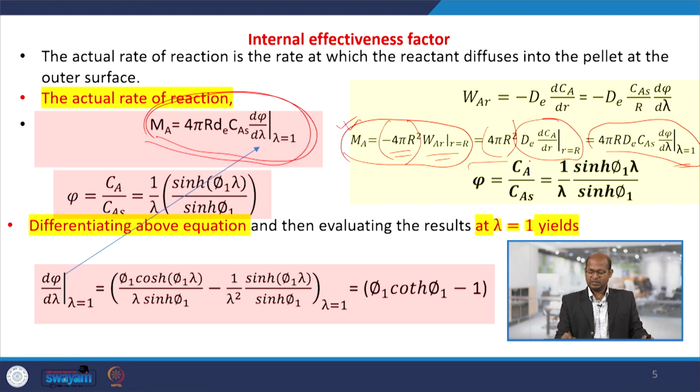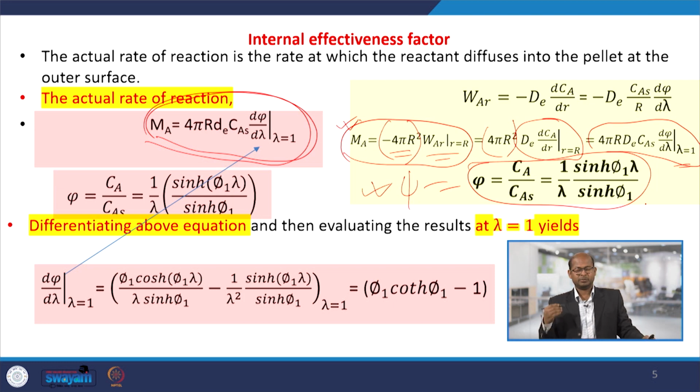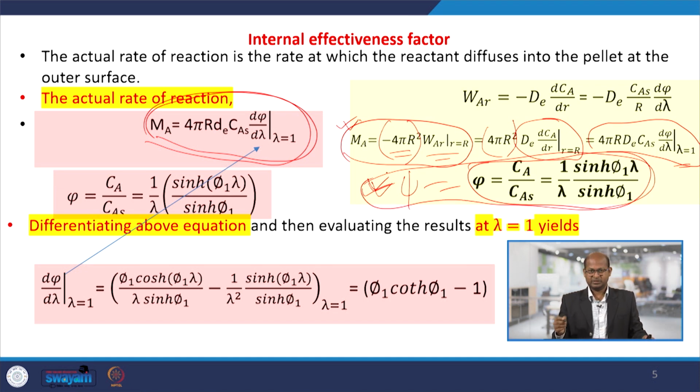And psi equals C A by C A S equals this. We developed this equation, the concentration profile for spherical particles with first order reactions, in dimensionless form. We derived and discussed these equations in our last class.